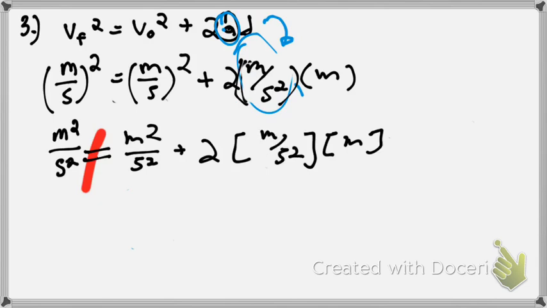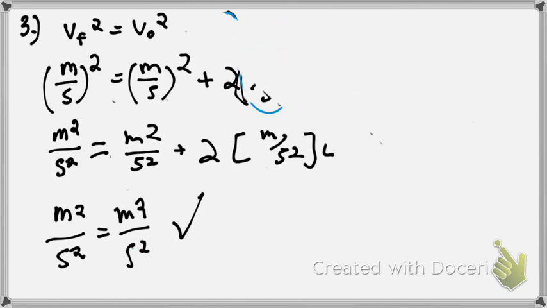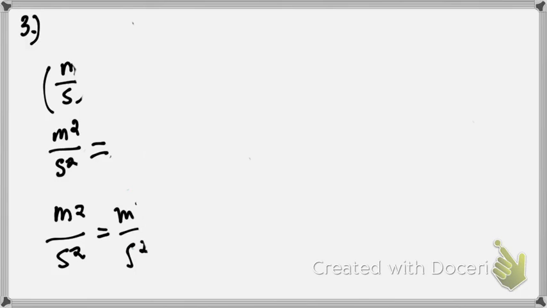Meters over seconds squared. So now, does meters squared over s squared equal meters squared over s squared? Yes. So now this equation has become valid. So now we're going to go ahead and erase this again.